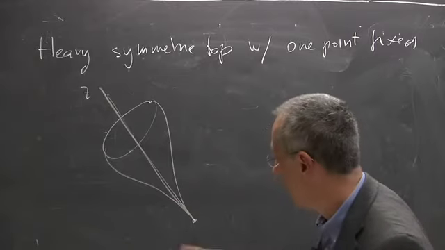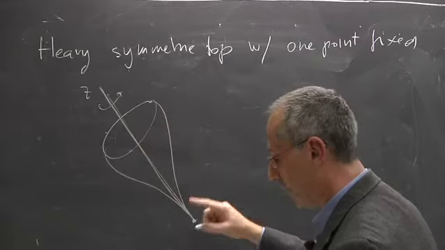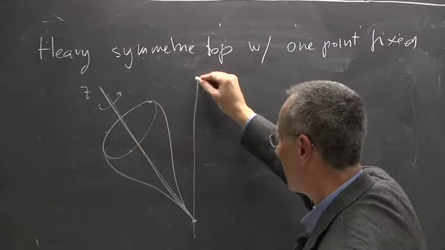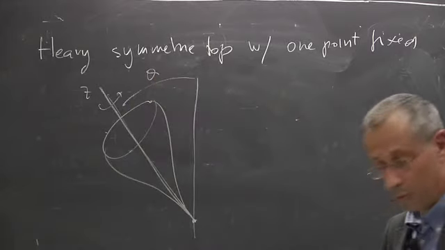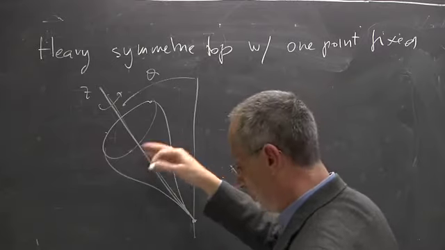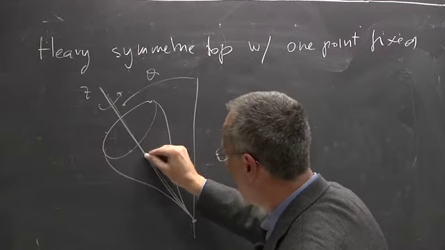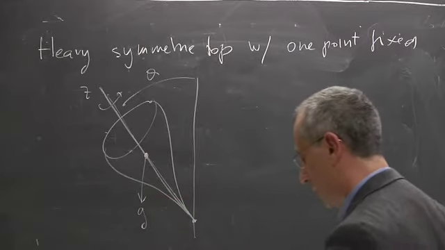It's spinning, so it spins about this axis. And this axis is not necessarily vertical; the vertical is this way, so gravity is pulling this way. So I have a theta angle that is going to be one of my Euler angles. And this guy is spinning. And here at the center of mass, you have gravity pulling down.